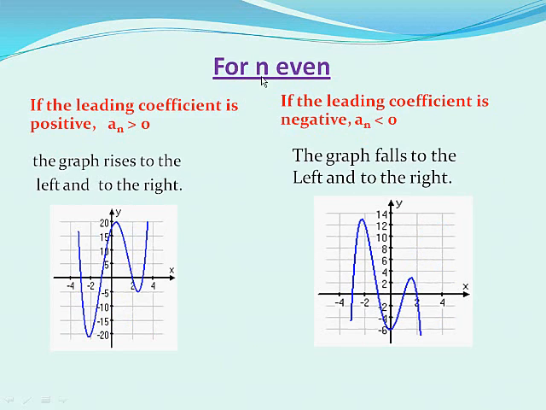If the degree of the polynomial is even and the leading coefficient is positive, the graph rises to the left and to the right. If the degree of the polynomial is even and the leading coefficient is negative, the graph falls to the left and to the right.